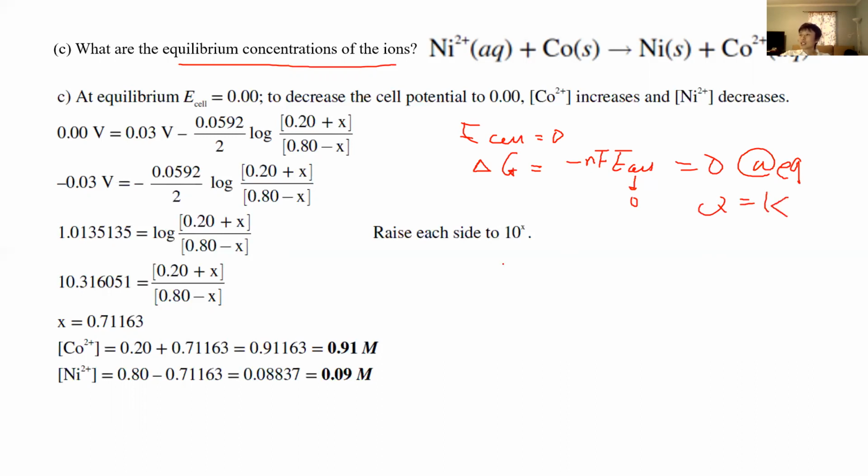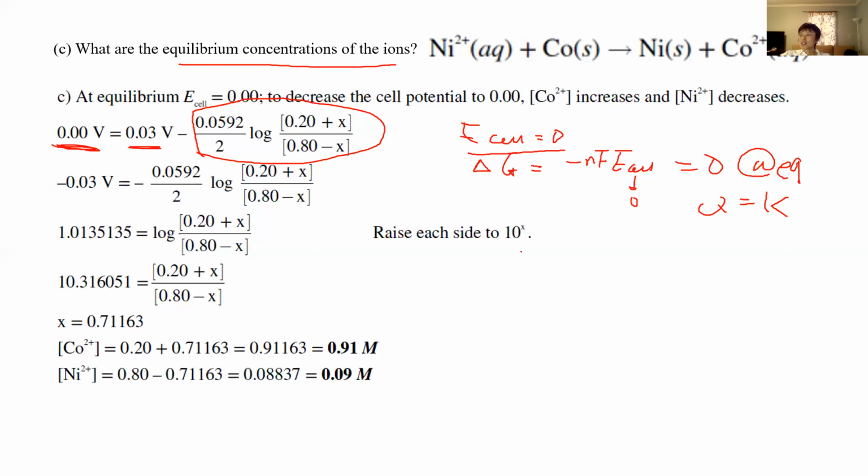In this case, we want this E cell equal to 0, so we want the left-hand side equal to 0. That's going to be equal to the standard E cell minus this whole thing. So basically, you want this whole term equal to 0.03. So they all cancel out, and then you can solve for x.